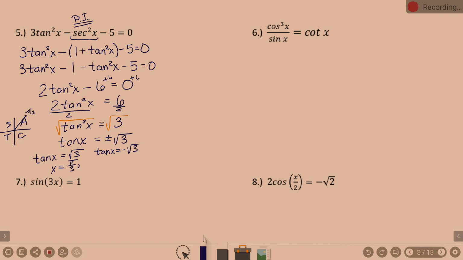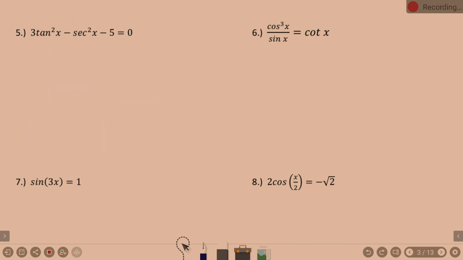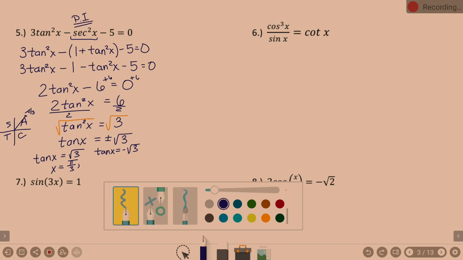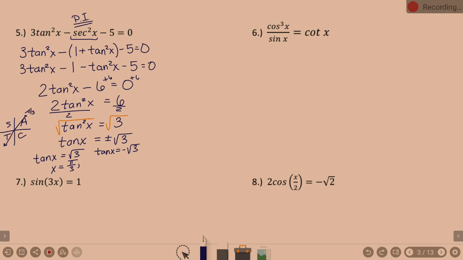Where else is tangent x going to equal a positive square root of 3? What other quadrant do I need to look in? We need to look in quadrant 3. And so quadrant 3, you're looking for the equivalent angle that is the same distance from the x-axis.